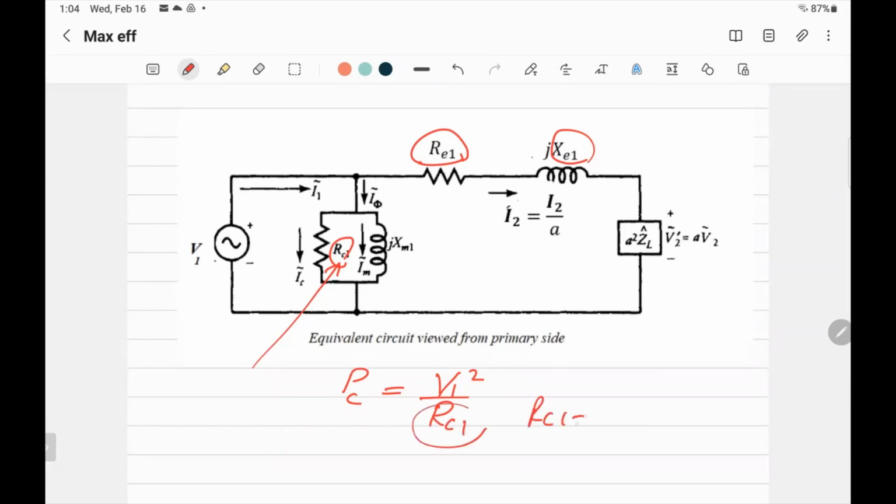Now I want to find RC1. So RC1 is equal to V1 squared over the core loss. What is the value of V1? 2400. Well, be careful.